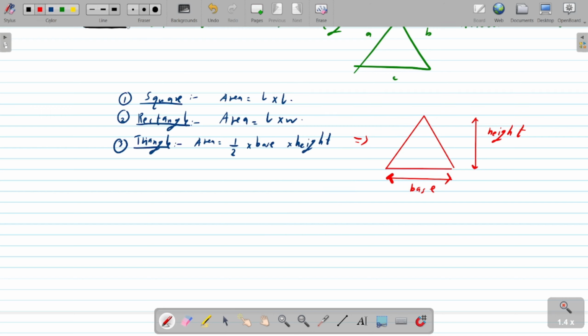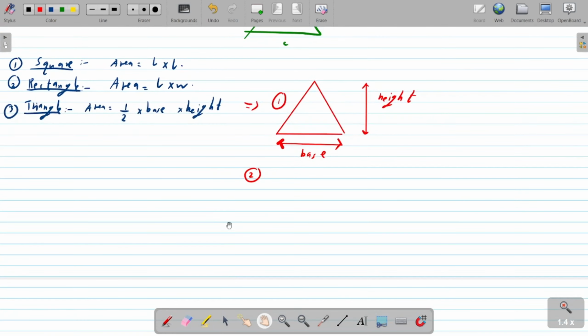Now the second case would be, if you have the same triangle, we're going to draw it here, and you take this as your base, then this is going to be your height. You mark that. So the height differs based on the base, depending on which side you take as your base.